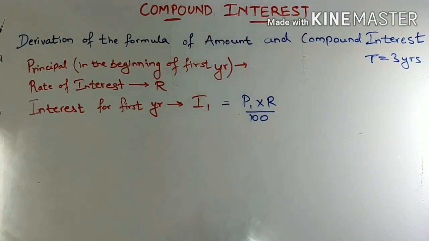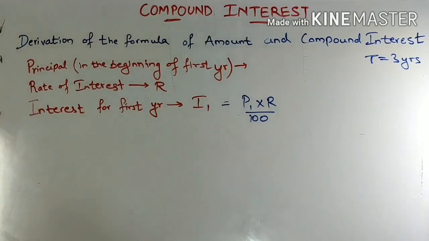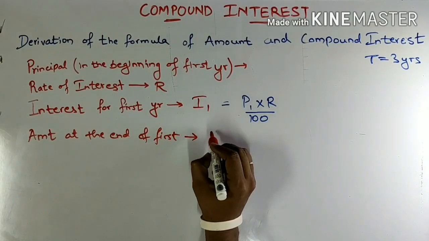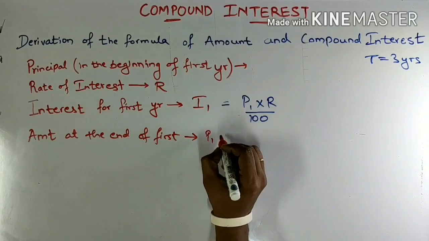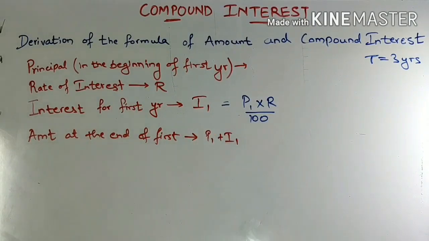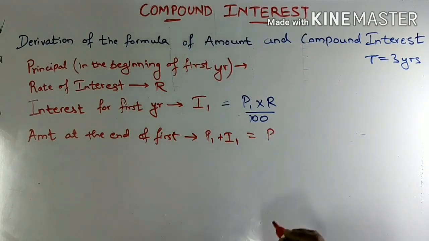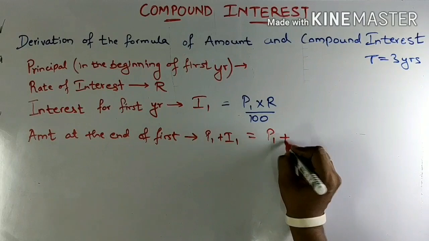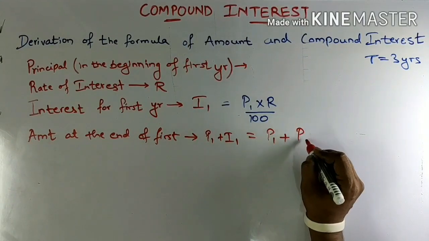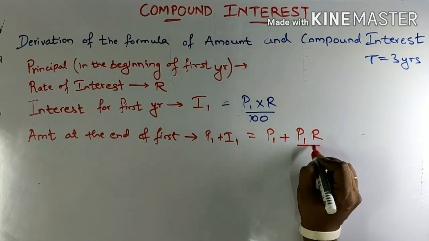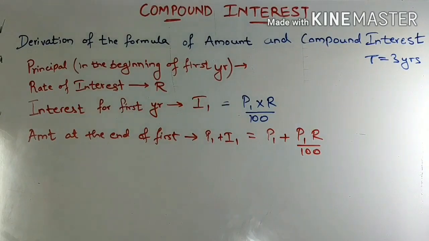Now the amount at the end of the first year will be interest plus the principal of the first year. Okay, that is nothing but P1 plus P1 into R upon 100.